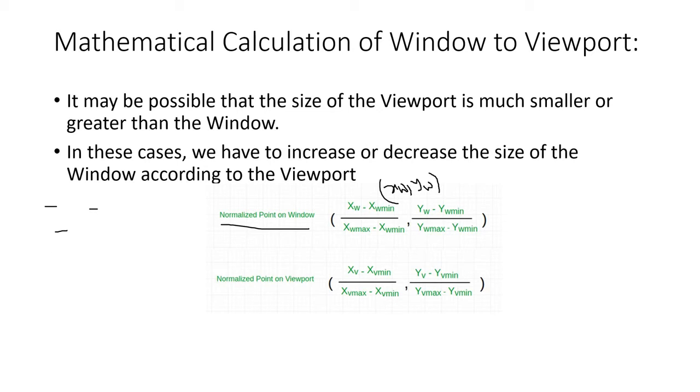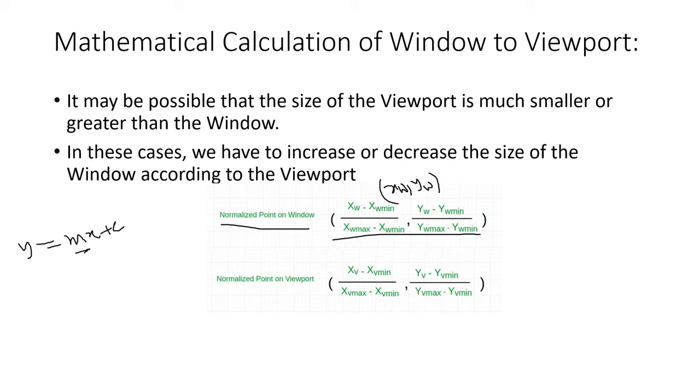So how are we getting this? We need to understand this. You should get a hold of how we are getting this thing, because we already know that y equals mx plus c. So the gradient is going to be y by x.